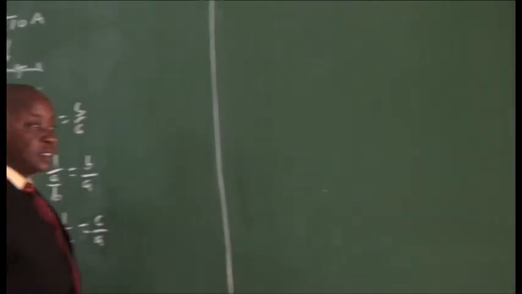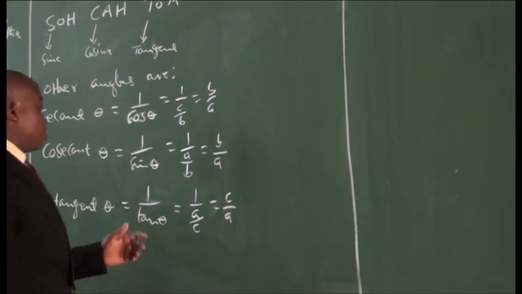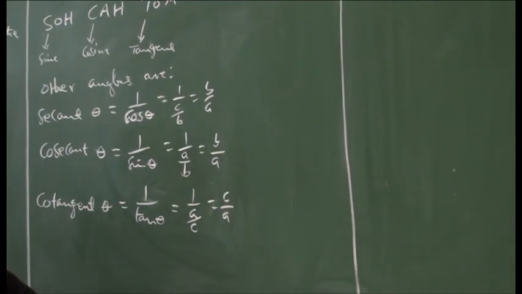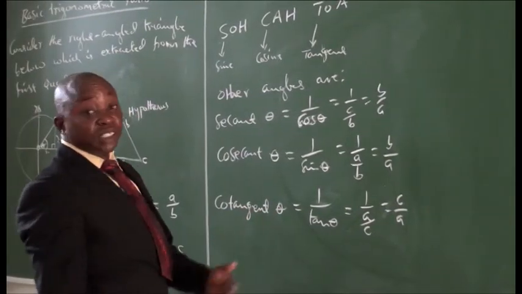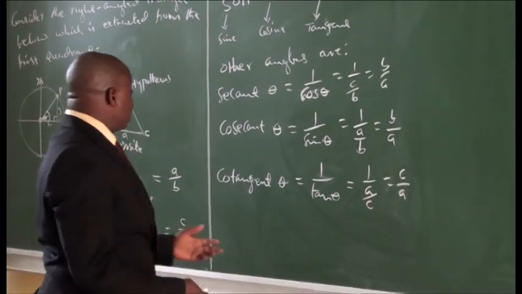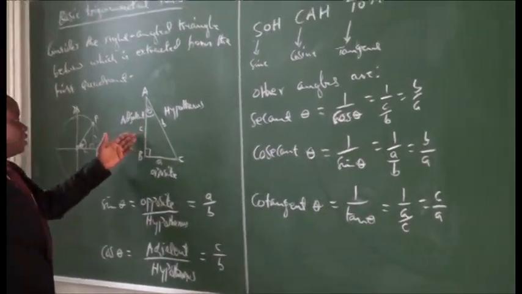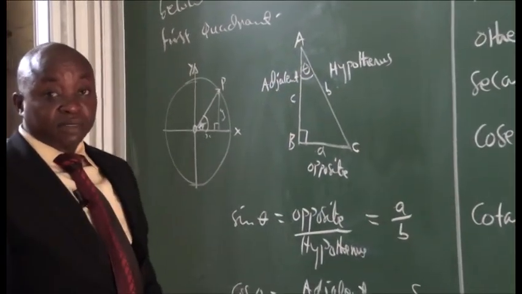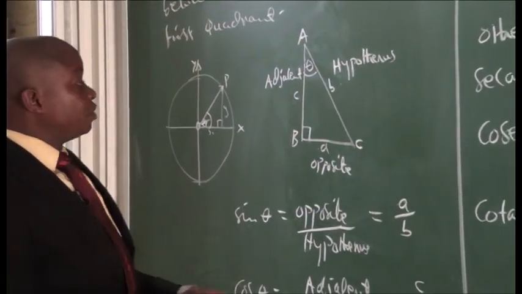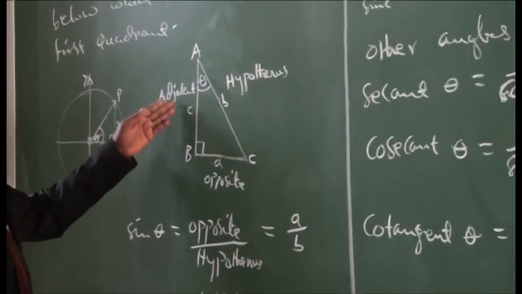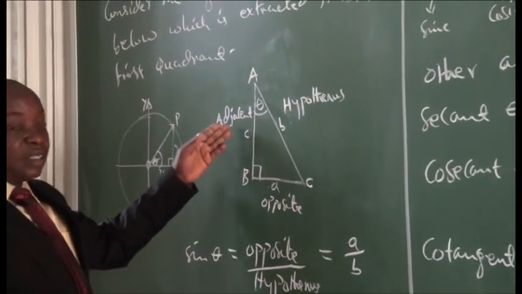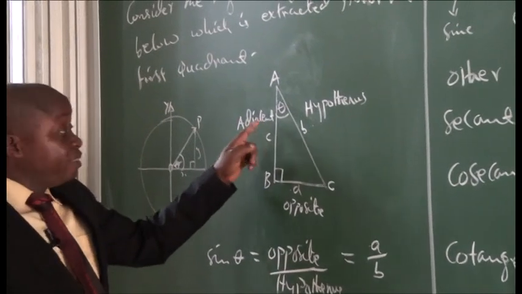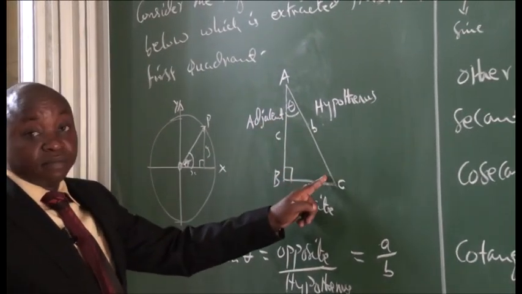Now, these basic trigonometry ratios define the relationship between the angles and the sides of the triangle. There's one important thing to note. This side that is adjacent can also be opposite if theta is here.